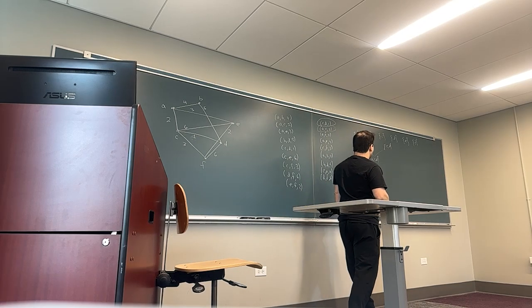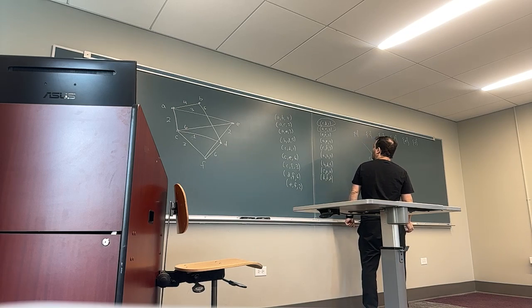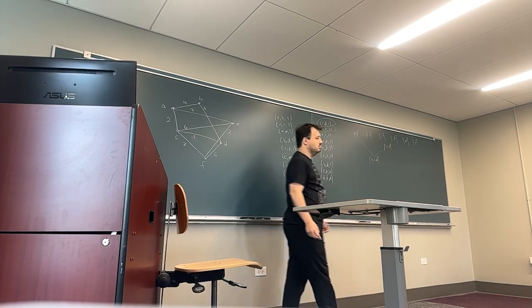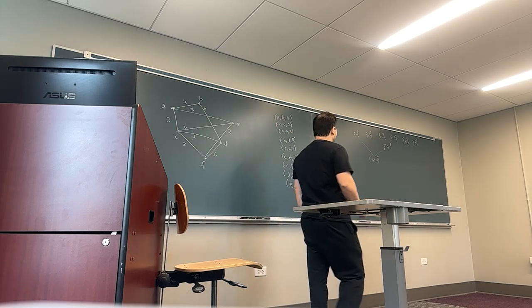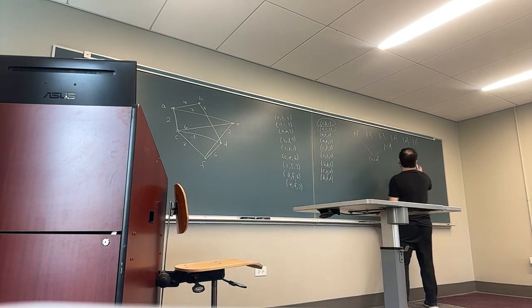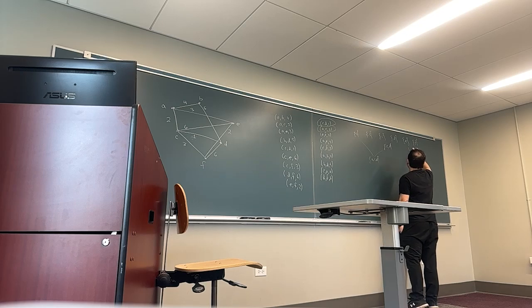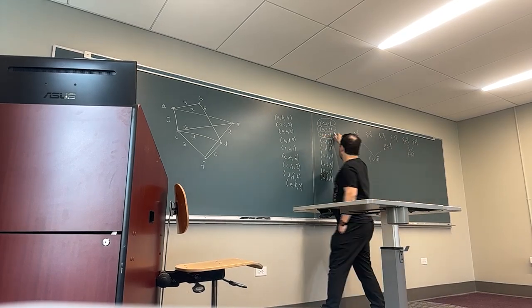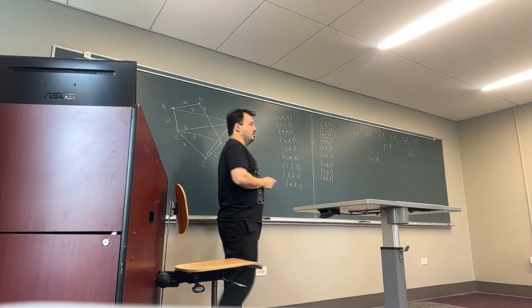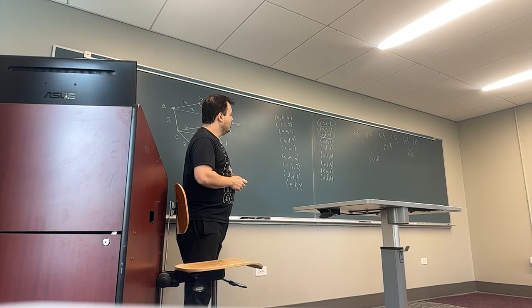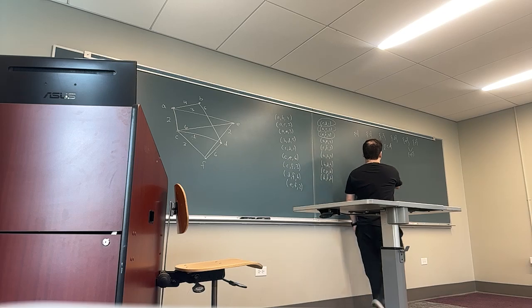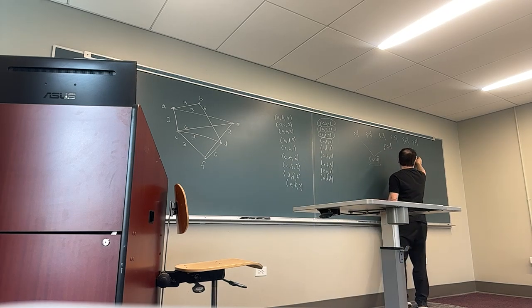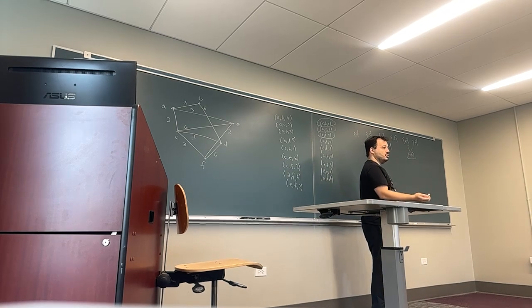Then EF 2. So EF 2 creates the set here. And then when you do AE, you get this together with that. They're still disjoint.